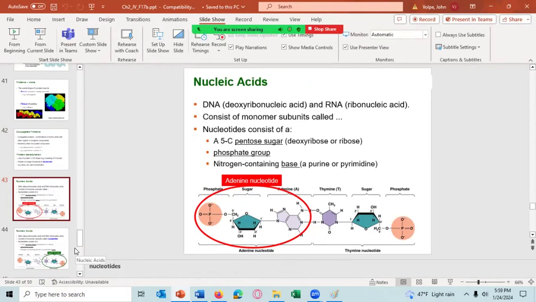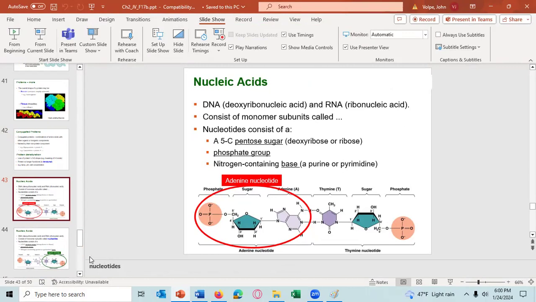All right, DNA and RNA consist of a monomer that we call a nucleotide. So the subunits of DNA and RNA are nucleotides. Nucleotides are made up of three parts.